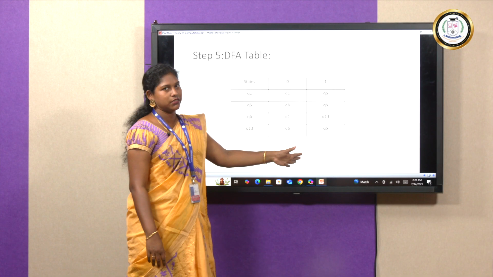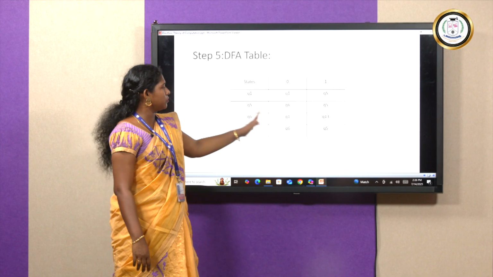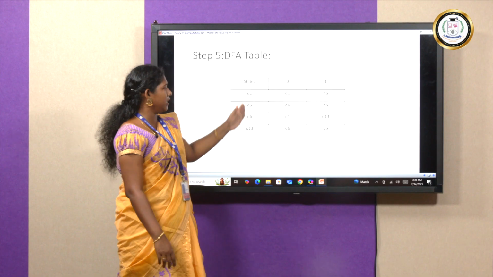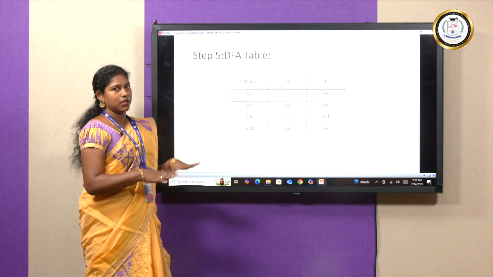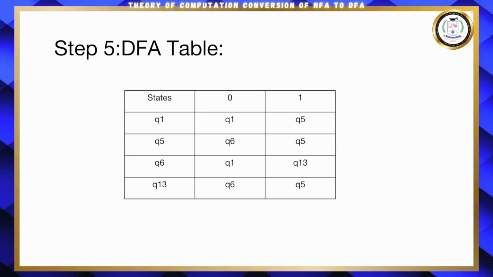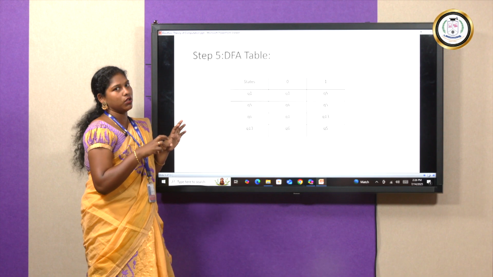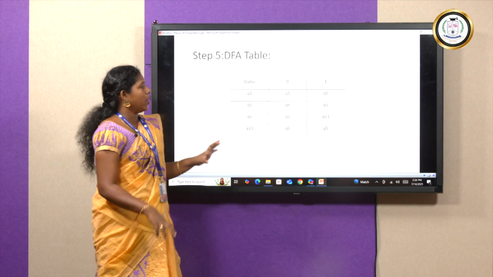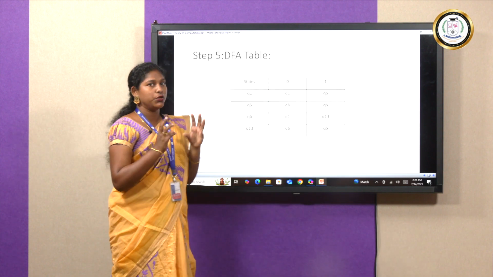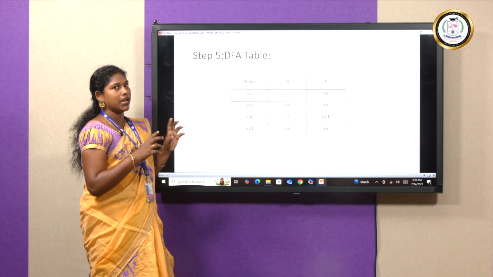Now you have to check with Q6 and Q5. Is there any new state here? No. Q6 is already there and Q5 is already there. So you complete the table here. These four rows I have taken from the previous table. You go to the previous table and write all the rows one by one. While writing the states, if you get any new state, you select that line and write it.